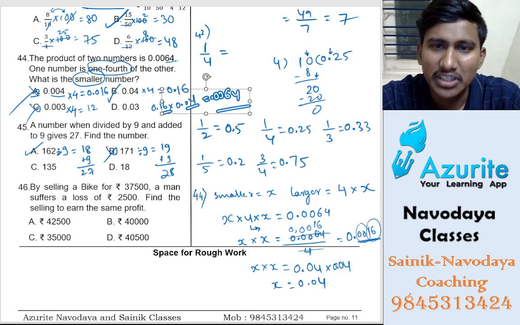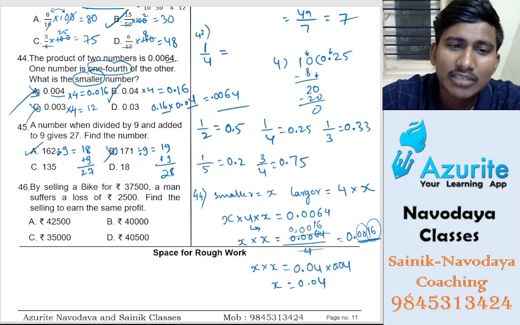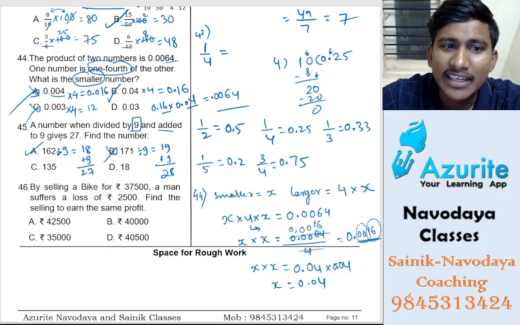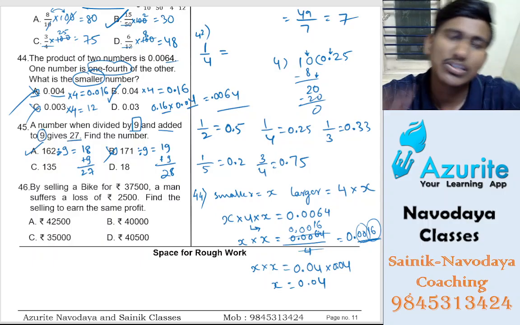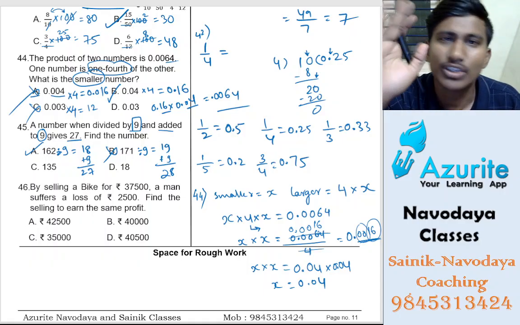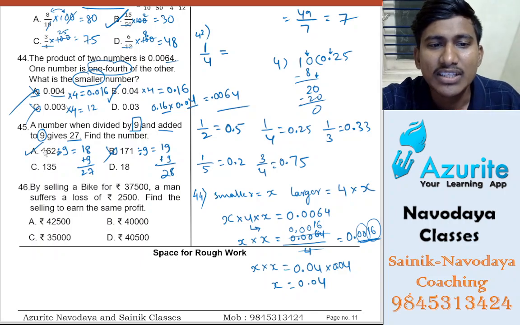Students, listen, 45 question. Okay now. So what is the question here? A number when divided by 9 and added to 9 gives 27. So there is one number which we don't know. What you should do? You should go with options. So what are the options here? 162.